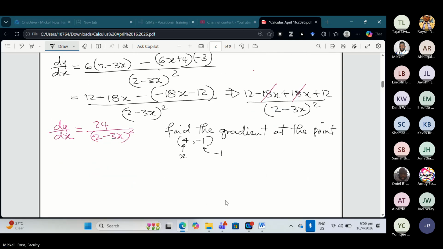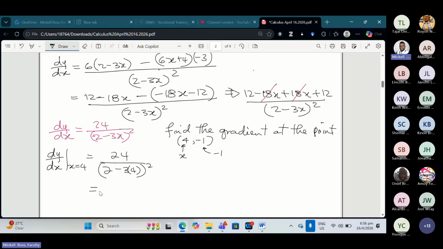So dy/dx when x is equal to 4 is going to give us 24 all divided by 2 minus 3 times 4 raised to the power of 2.